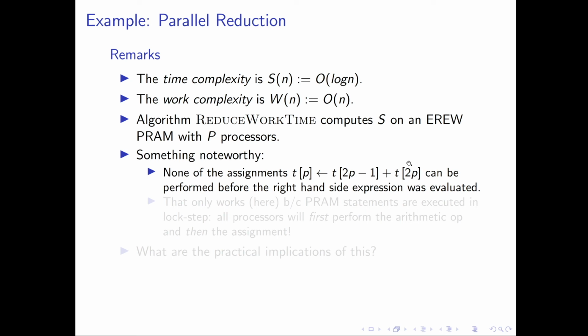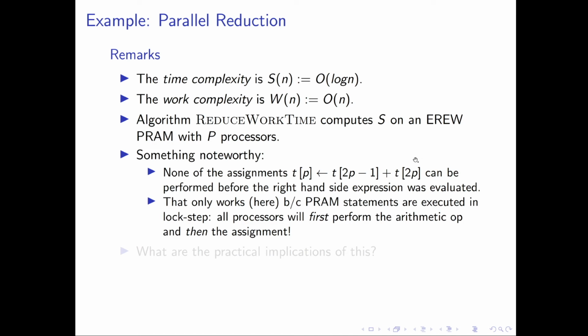There's a certain peculiarity to the PRAM and to the work time execution model, and that is lockstep execution. Lockstep execution guarantees that the write access to the temporary array performed by, say, processor number 1, and the read access performed by, say, processor number 2 or processor number 3, never happen simultaneously, because the processors execute all statements in lockstep.